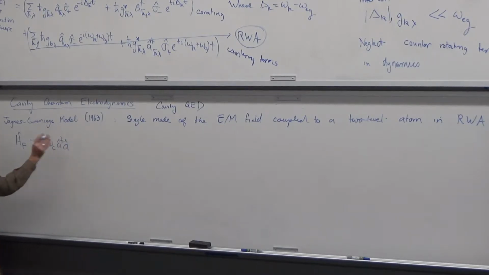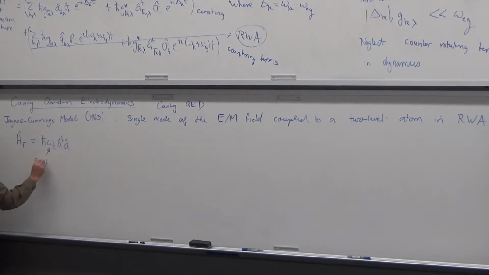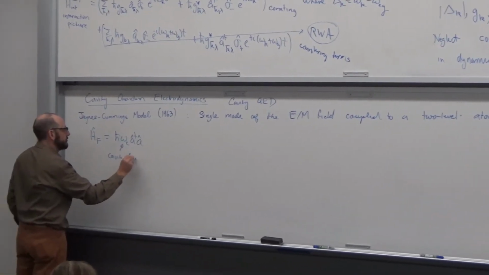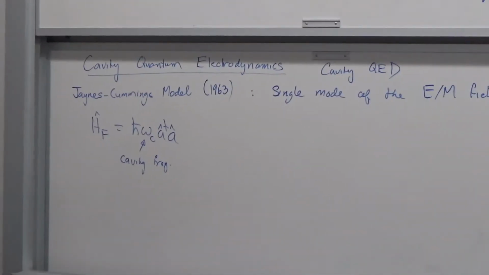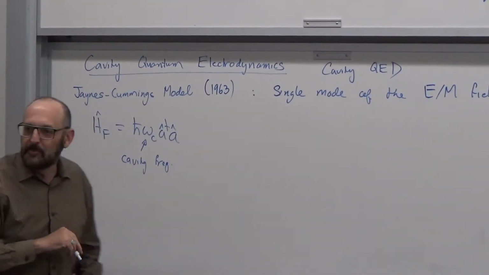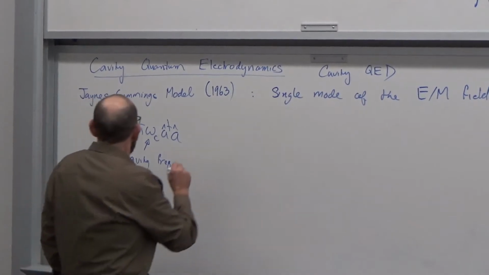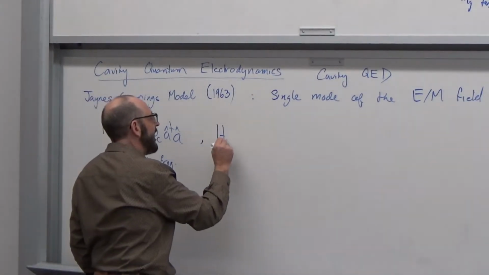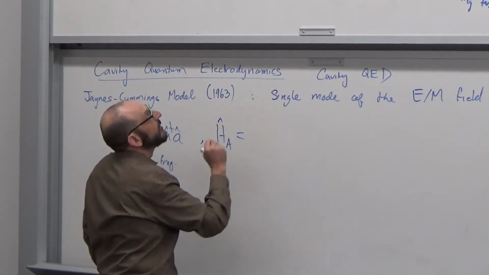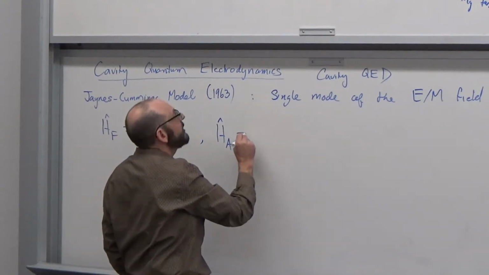We don't have to label the mode, it's just one mode, and this is the cavity frequency. So that's the Hamiltonian of the field. We can have a zero point energy, but we don't need to bother with it. Then we have the Hamiltonian of the atom.